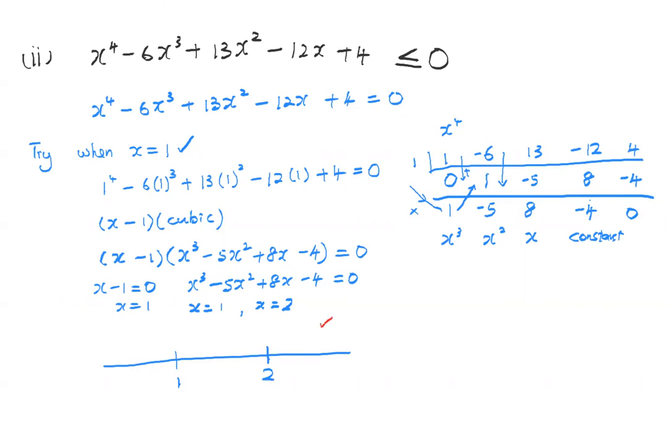For this region, what value should I choose? I should choose 3. So I put in, what do you get, positive or negative?